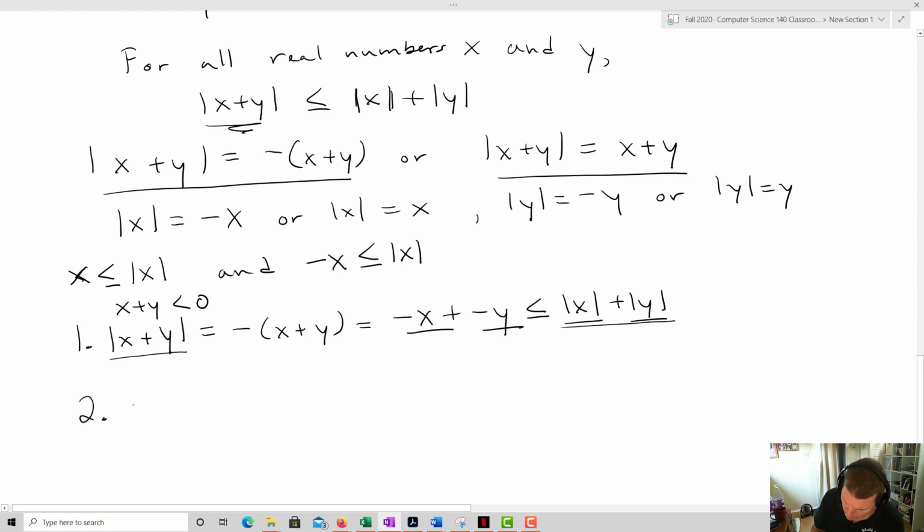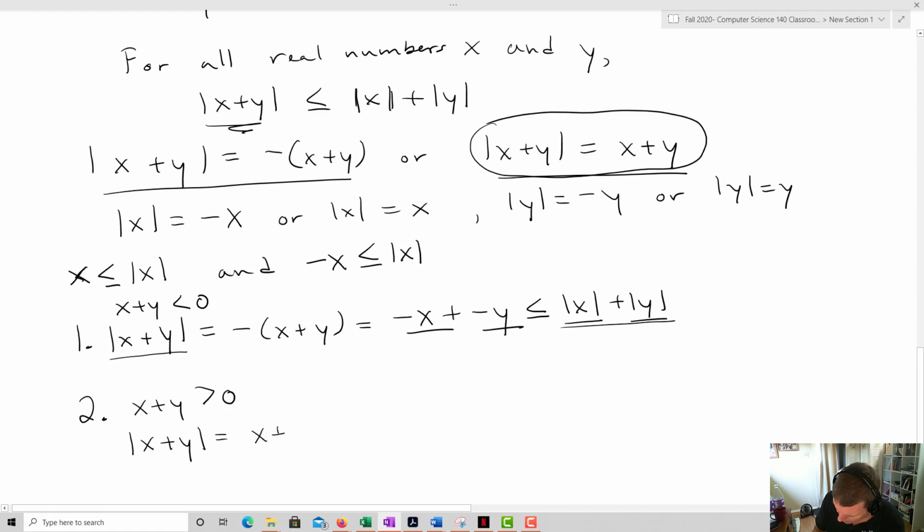Now, case 2: we could have that x plus y is greater than 0. And in that case, we have this second piece here, that the absolute value of x plus y equals x plus y. And we already established that x is less than or equal to its absolute value each and every time, so this is going to be less than or equal to the absolute value of x plus the absolute value of y.